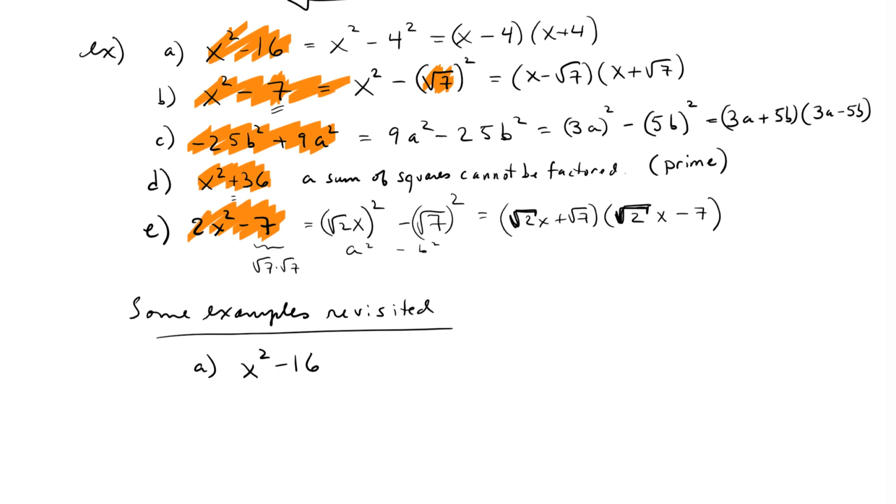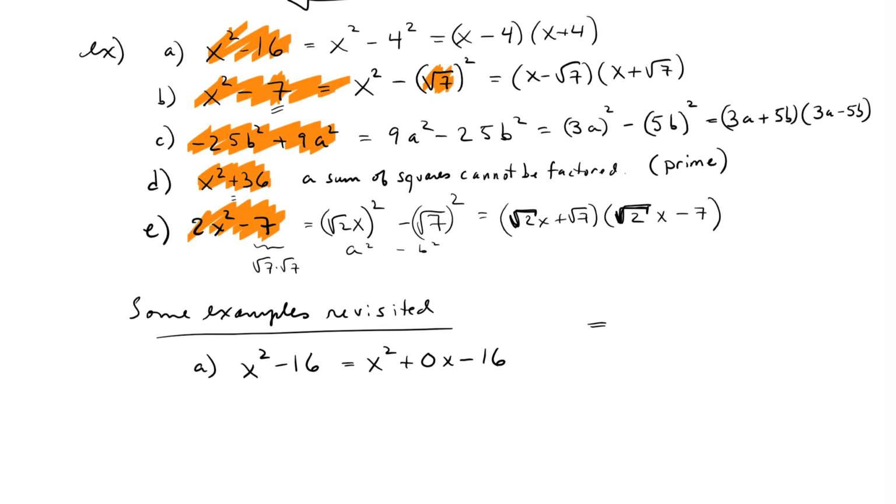x squared minus 16. So I may think, oh, this looks like something like x squared plus bx plus c. Well, there's no x in the expression, but there is if I just add a 0x. So I can always think of that polynomial as being x squared plus 0x minus 16.